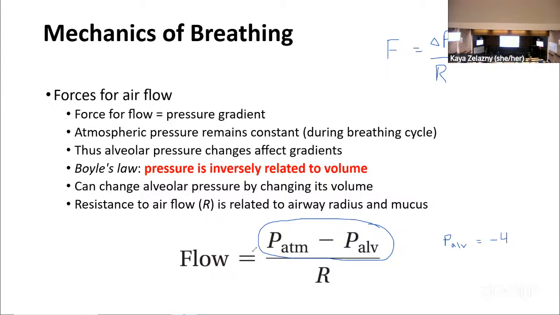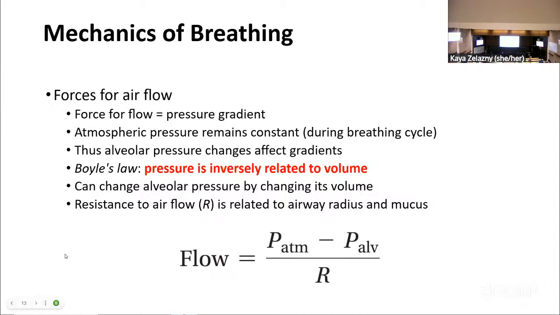This would give us 0 minus a lower pressure, so minus -4. That would give us a positive number up here for our difference in pressure, divided by some number for our resistance. But here you can see why we have a flow happening. I'm not going to ask you to do that calculation in the future. I'm just pointing out that that's what's happening here.